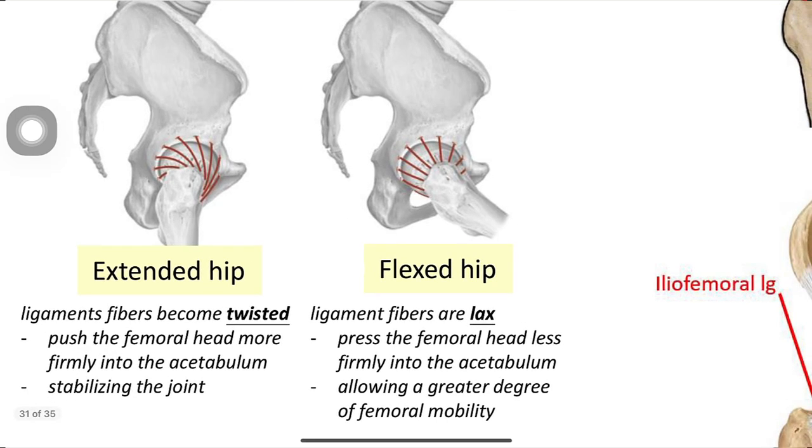So take a look, these are all the ligaments, right? When we are standing upright, with the hip extended, all these fibers are twisted, which means that it pushes the femoral head more firmly inside your acetabulum.